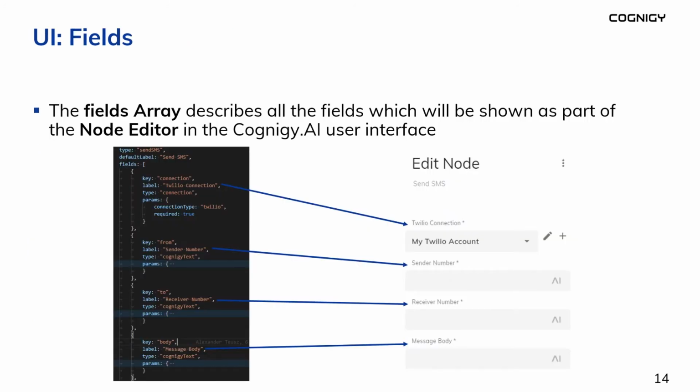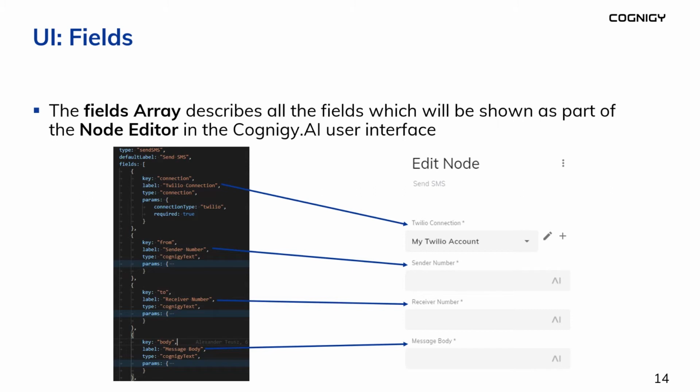Now going into the fields array, the fields array contains all the fields that are shown in the node editor when you click on the node in the Cognigy AI user interface. And here we have an example on the left side of a send SMS node, which has 4 fields. And those 4 fields, as you can see, appear on the right side in the node editor as well.